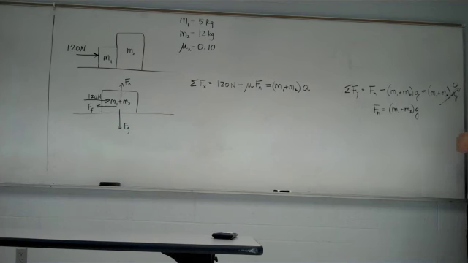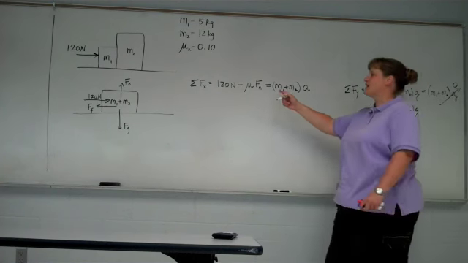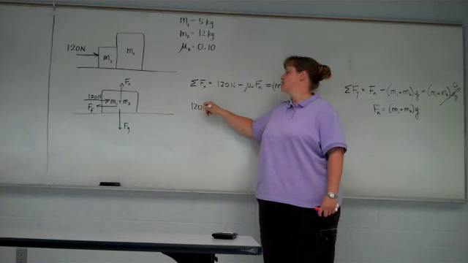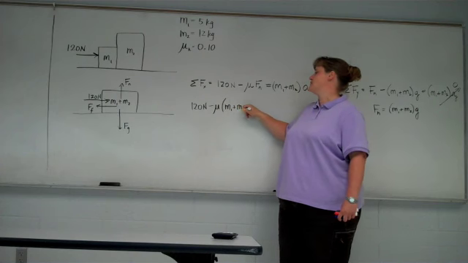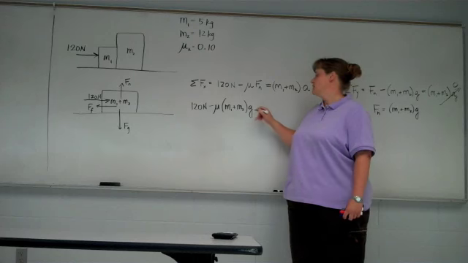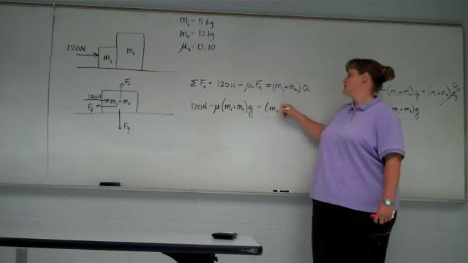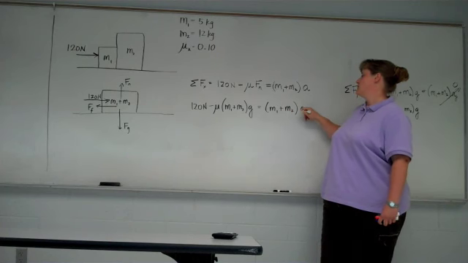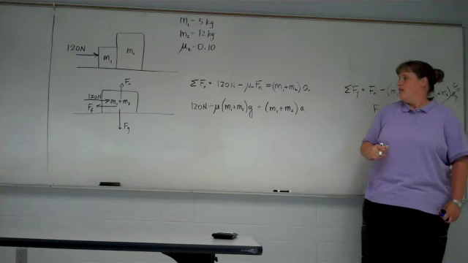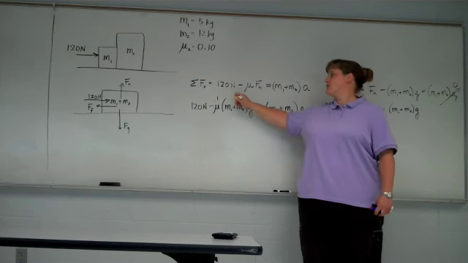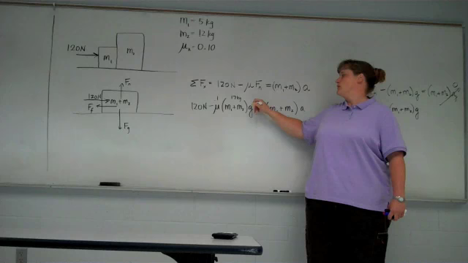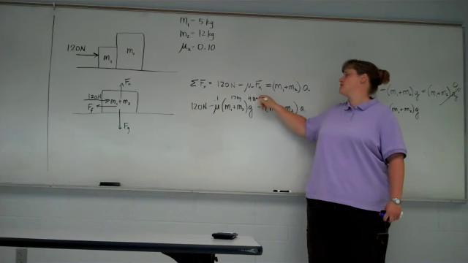I'm going to substitute that in over here, since the force of friction depends upon the magnitude of the normal force, just how big it is. So the normal force is m1 plus m2 times g, in this case. We know the coefficient of friction is 0.1. We know the total mass is 17 kilograms. We know g is 9.8 meters per second squared.